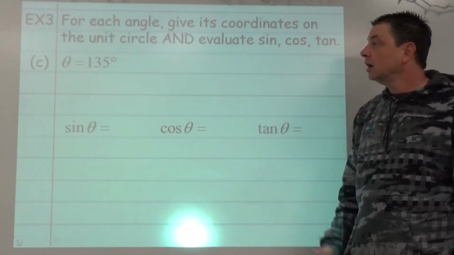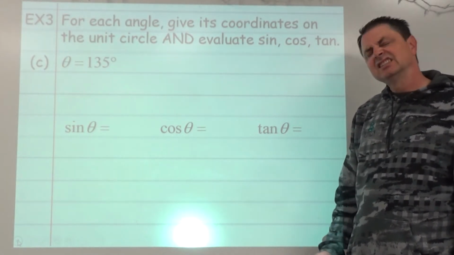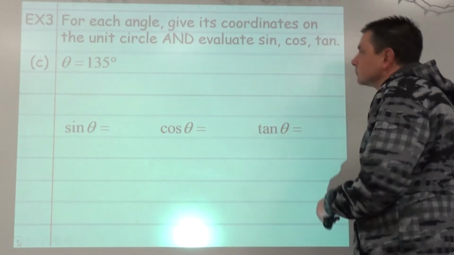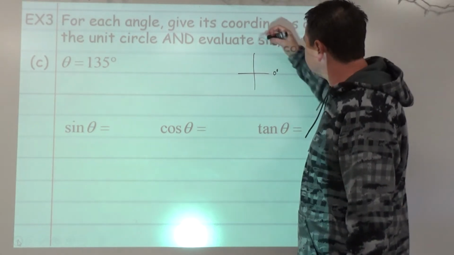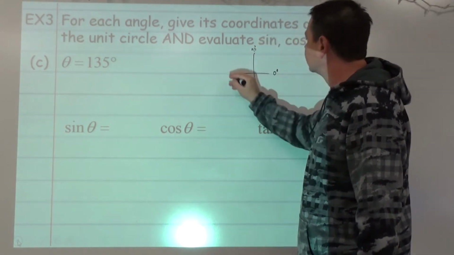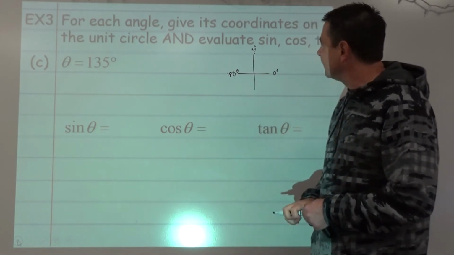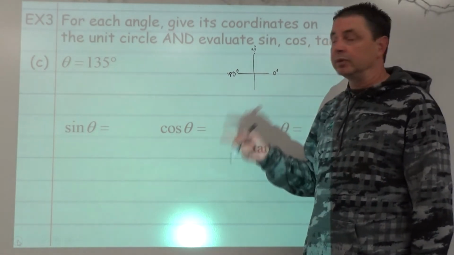Right, part C, theta is 135 degrees. Let's think of what that sketch might look like. 0 degrees, we've got 90 degrees, we've got 180 degrees. So 135 is between 90 and 180, and it's exactly halfway between.